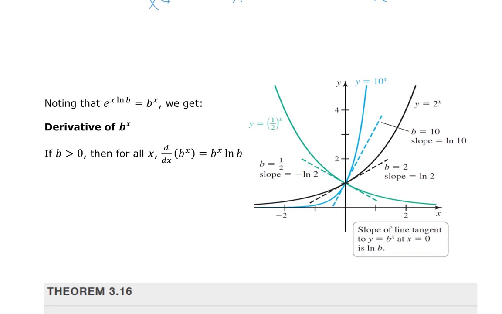All right, now what we focused in on up until this point was the natural log and base e, both for the natural log and for the exponential. But life is not about just base e, it's also about base b. So how do we get to those?